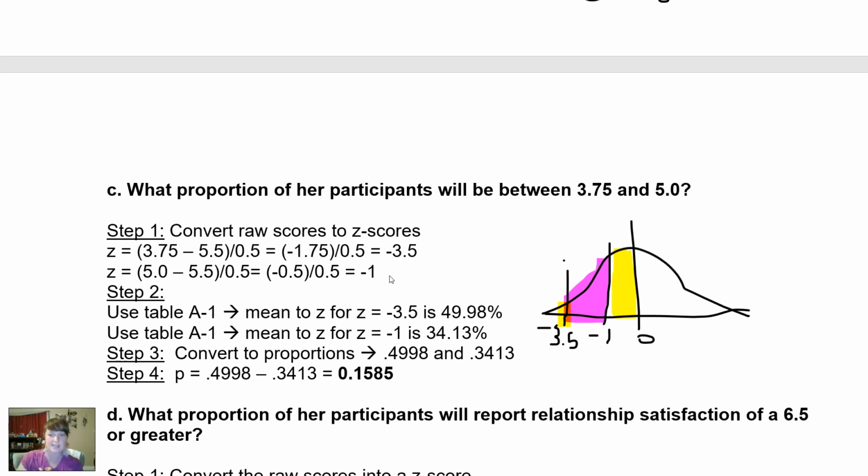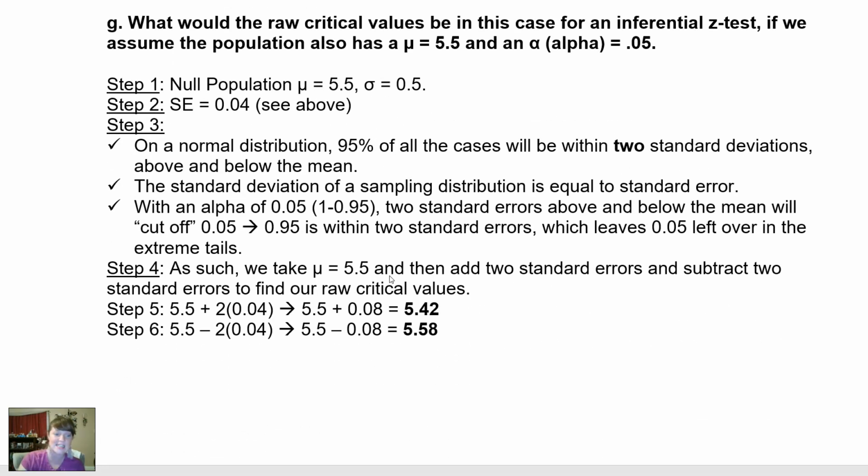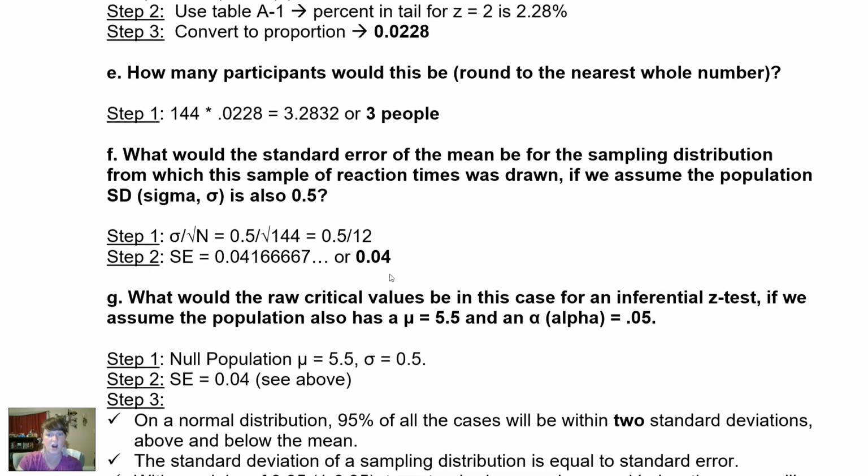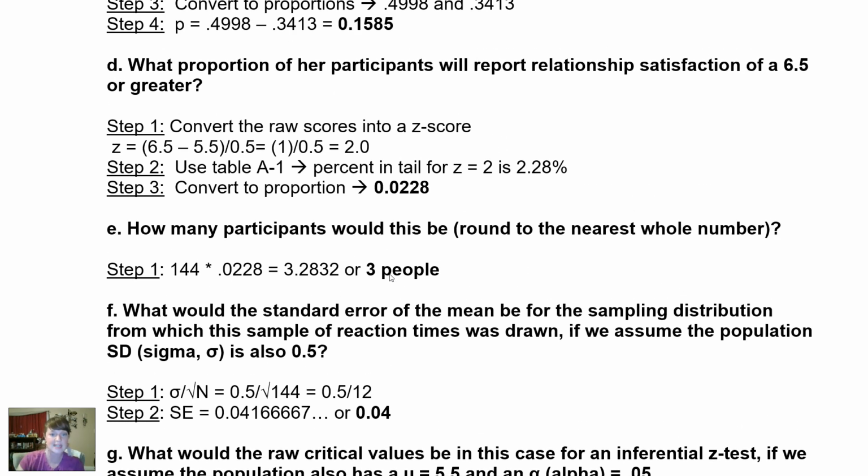I'm using a great z-table. Whatever z-table you may be using may look a little different. You're going to find that z-score on your table, and then you're going to look for some percent in the tail. For me, it's a nice column called percent in tail. And I see that the percent in tail for 2 is 2.28%.